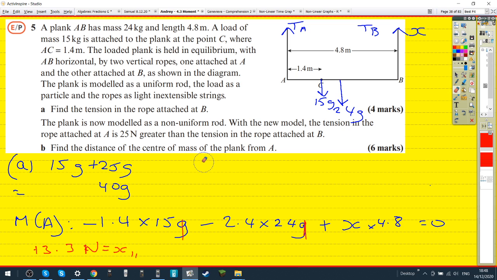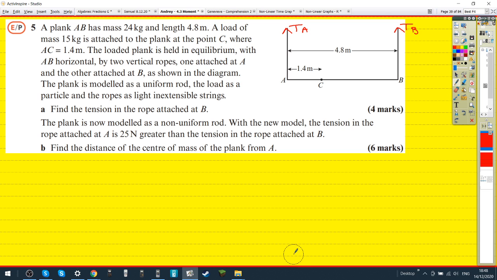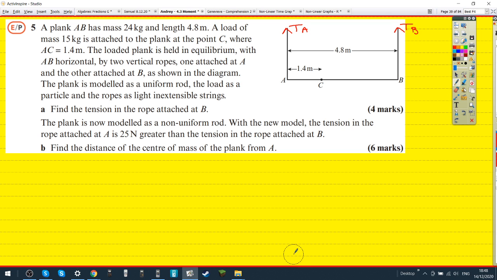Okay, let's try B. So does that mean just from the midpoint?